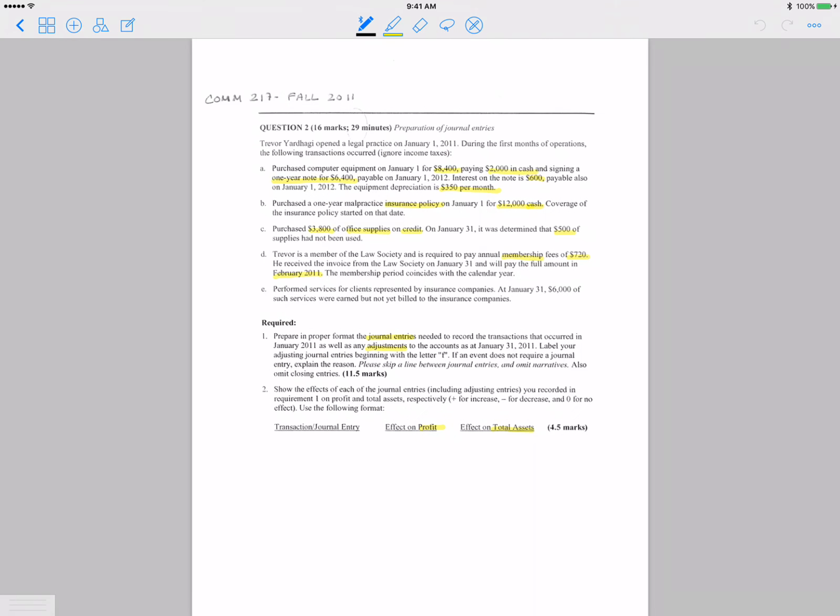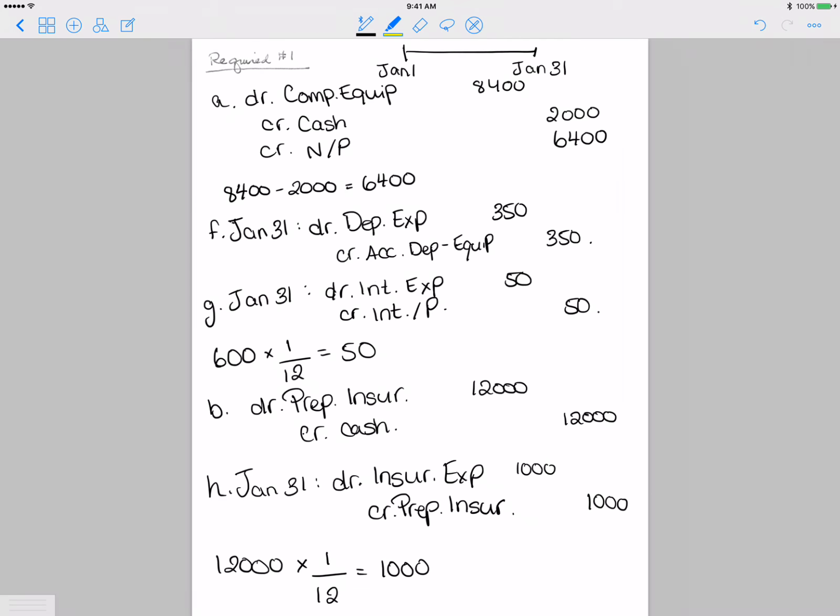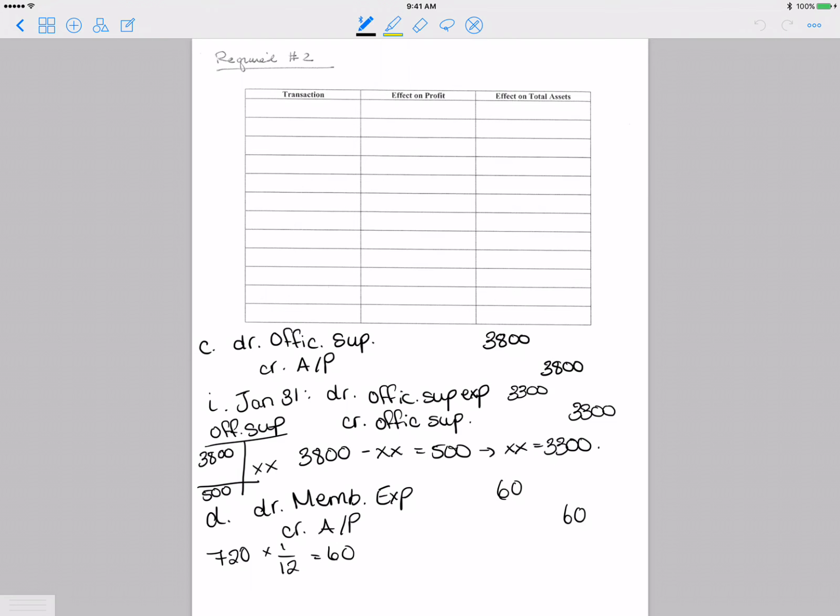Now, our final journal entry is looking at performed services. So we know that the client performed services but was not paid yet for them. So at this point, we know he's earned $6,000, but he has not been paid for them. Therefore, we need to make an entry.